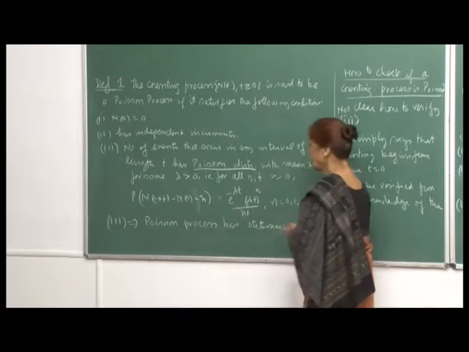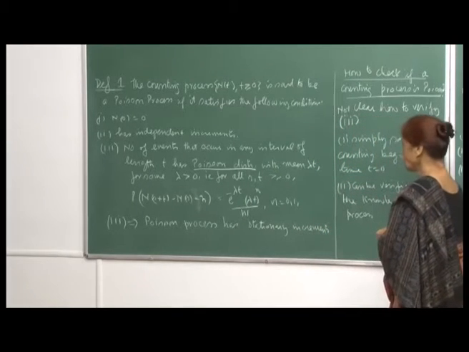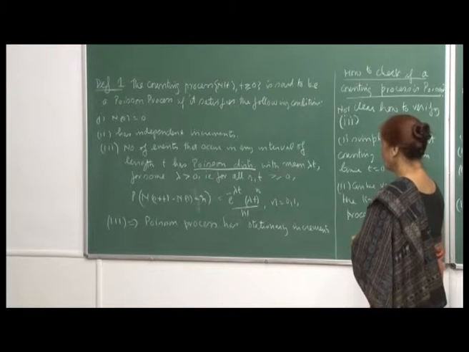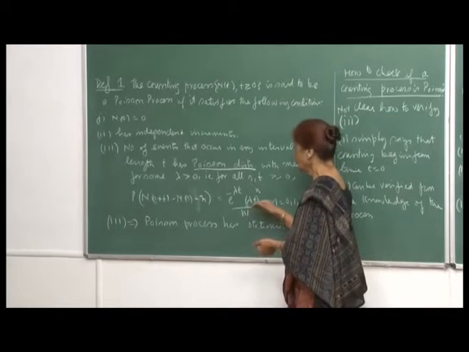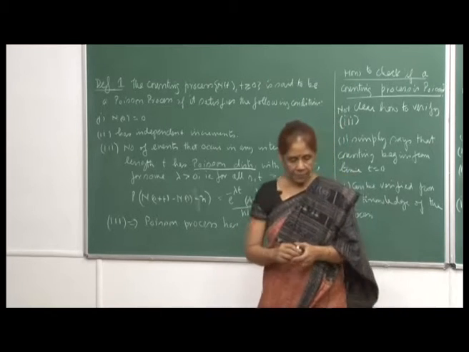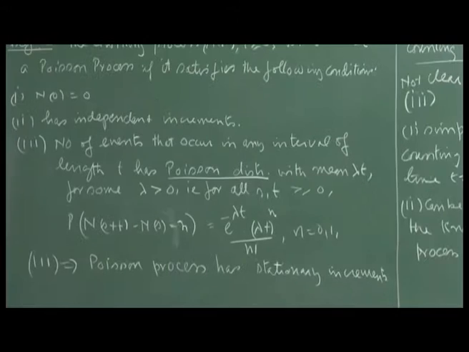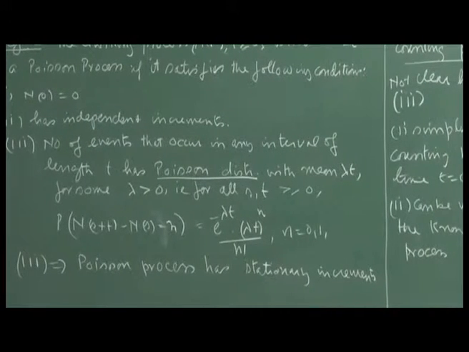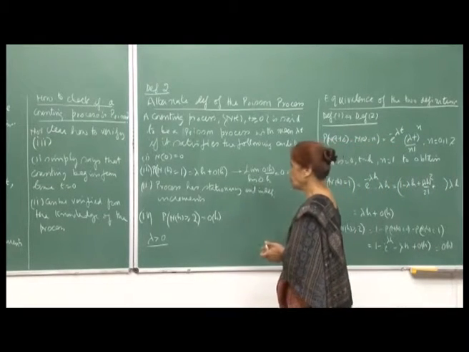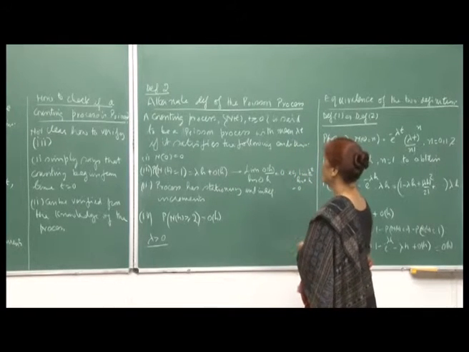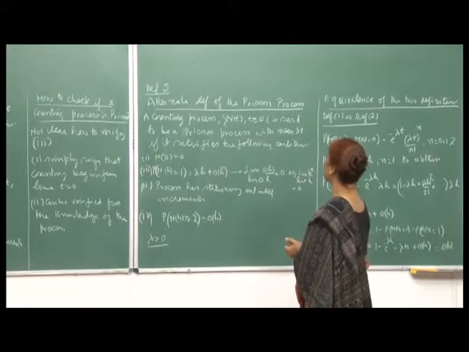So, this definition is not very implementable, you cannot really verify this condition. Therefore, an alternate definition is needed to determine whether a counting process is a Poisson process or not. We would want another definition, which hopefully would be more easily verifiable, that a given counting process is Poisson or not.